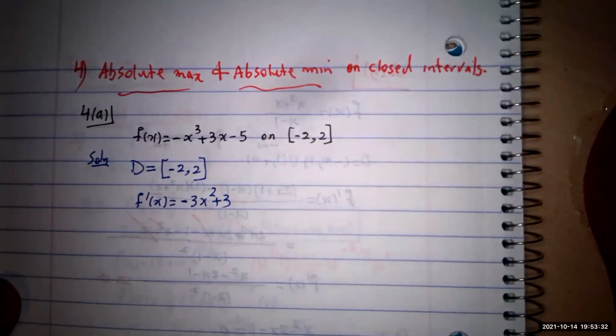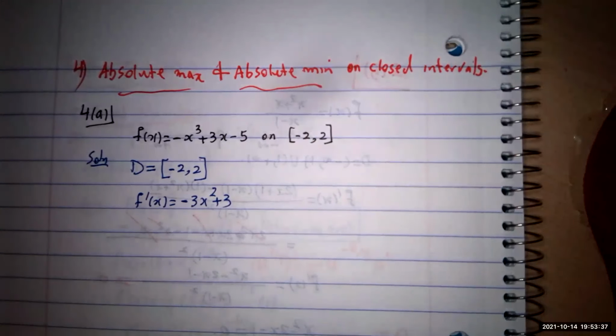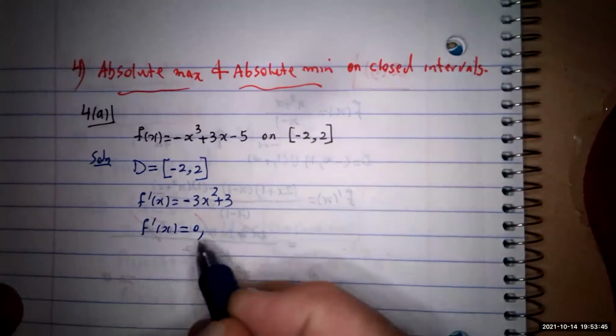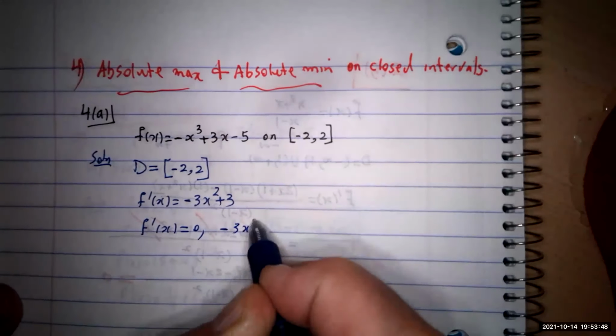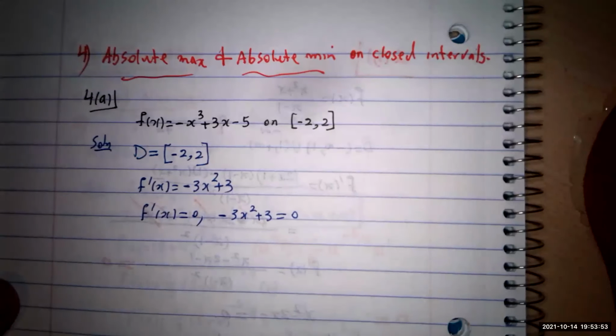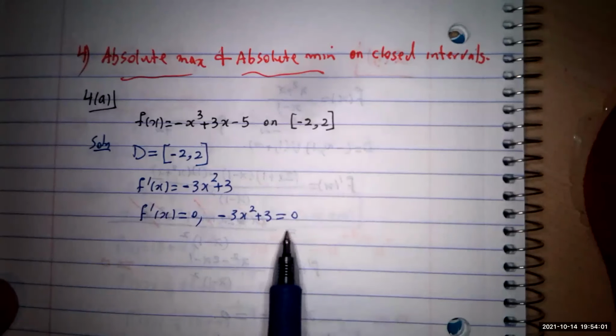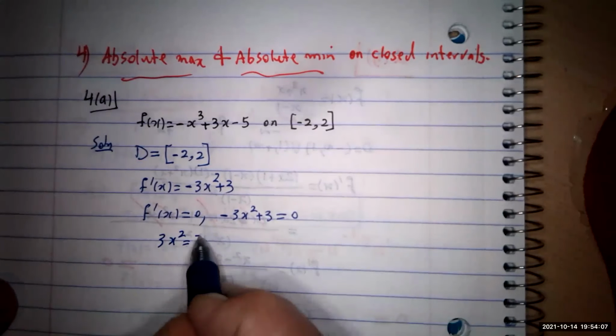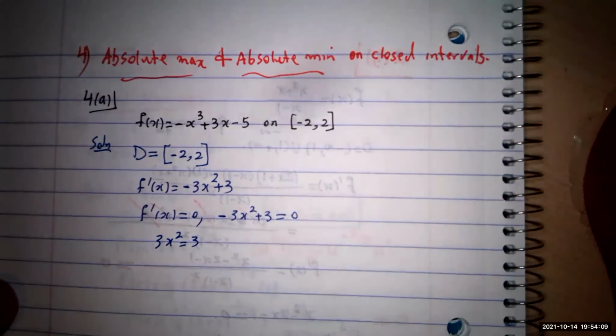Okay, that's your derivative. Let it equal 0 to find critical numbers. So f prime of x equals 0. That will give us -3x squared plus 3 equals 0. But you have to solve this equation. You can factor out the -3 if you like, or just move one term to the other side. It depends what you want to do. I move it to the other side and write 3x squared equals 3.